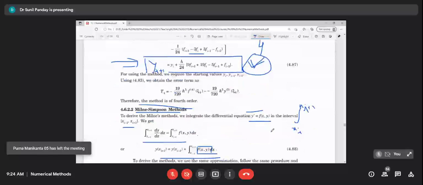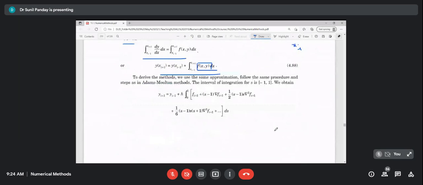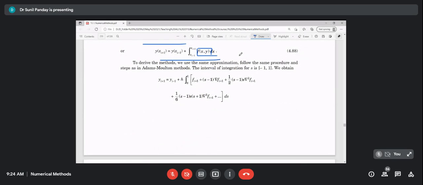If we consider all these points, we will have this, and then we follow the same procedure that we followed for Adams-Moulton, and then we will get these kinds of expressions. Here again we are considering the backward difference of kth order of f of xi plus 1, yi plus 1.